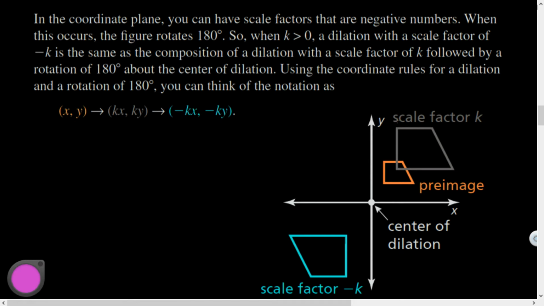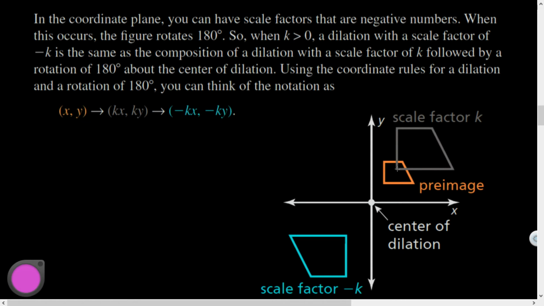Notice, if I scaled this orange image up to k, that's what it would look like. Negative k is the same size as that, but it is rotated 180 degrees. Actually, we'll rotate it that way for fun. Okay, so that's the idea.